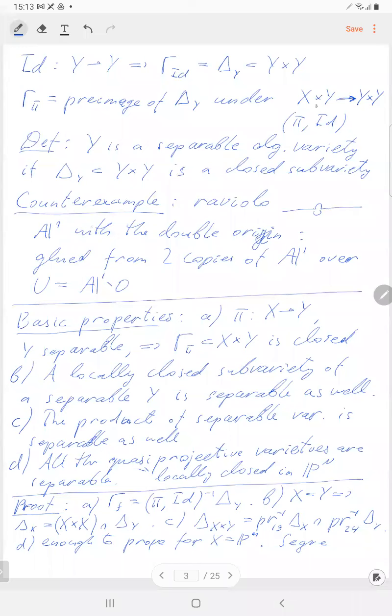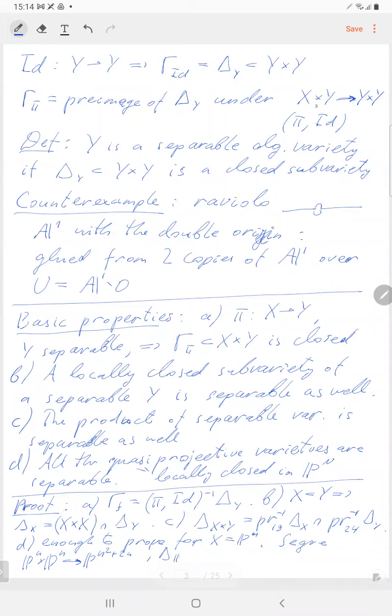So, but by Segre, we have an embedding of Pn times Pn into P^(n squared plus 2n), and then I want to see the diagonal in there, and the diagonal in there is cut out by explicit equations.